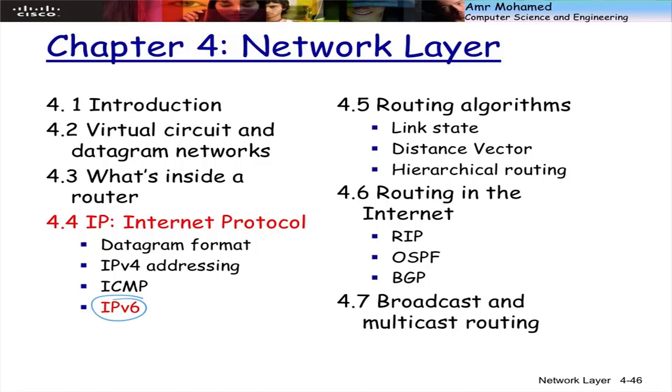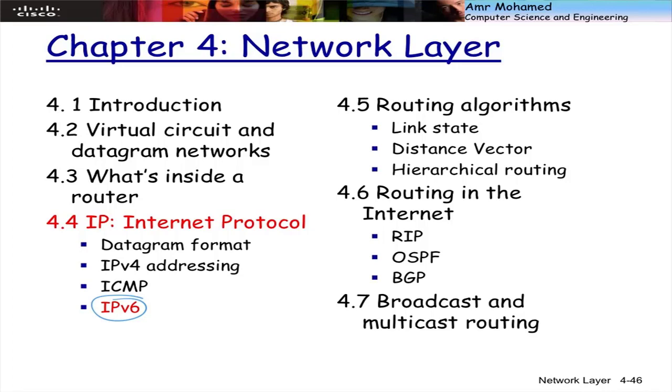So they said, okay, let's make it drastic. So we changed from 32 bits to 128 bits. Okay? So really, this big change changed fundamentally everything, because even the dot decimal notation is not feasible anymore. So they came up with the hexadecimal notation. So IP address version 6 uses hexadecimal notation in order to abbreviate the IP address a little.